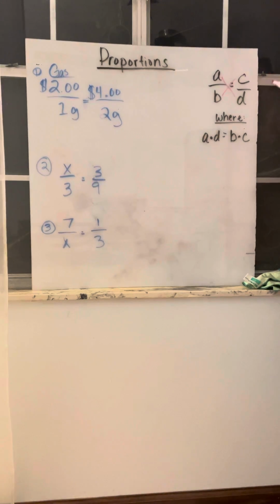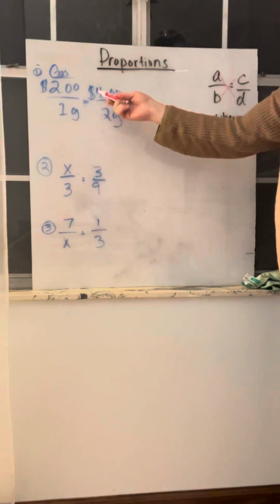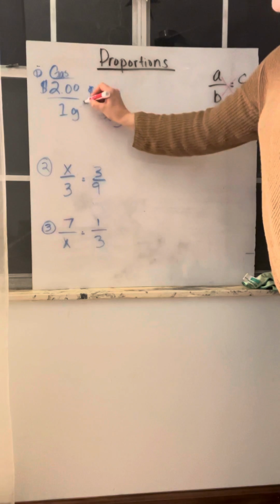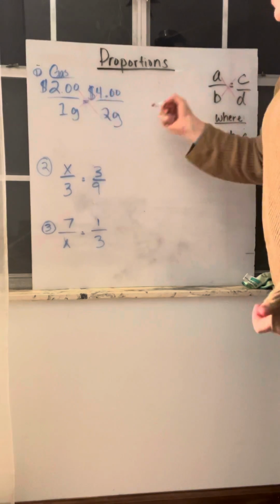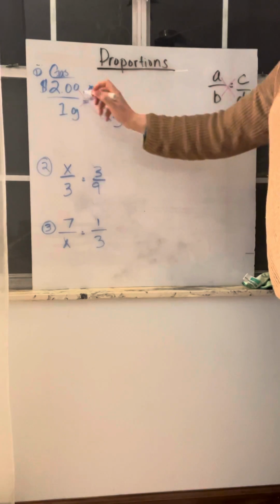Okay, and I'll link this with the unit rates that we did a few days ago. So say we have the unit rate $2 for 1 gallon of gas equals $4 for 2 gallons of gas. What I want to see here is when I cross multiply these, do they equal the same thing? So cross multiply means you start with either one first. I'm going to do 2 times 2.